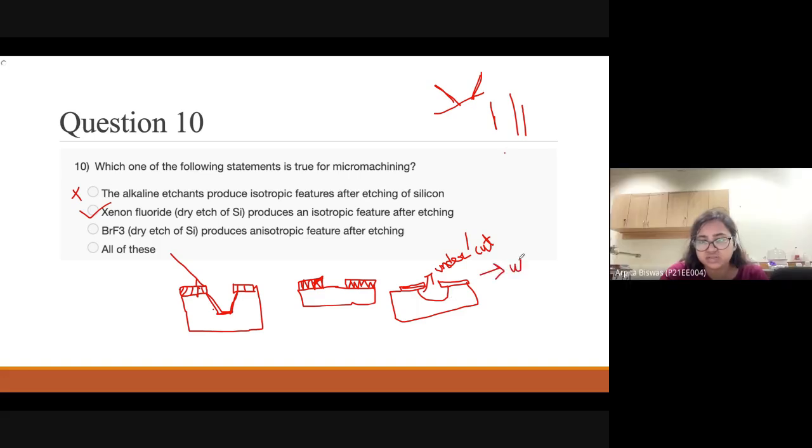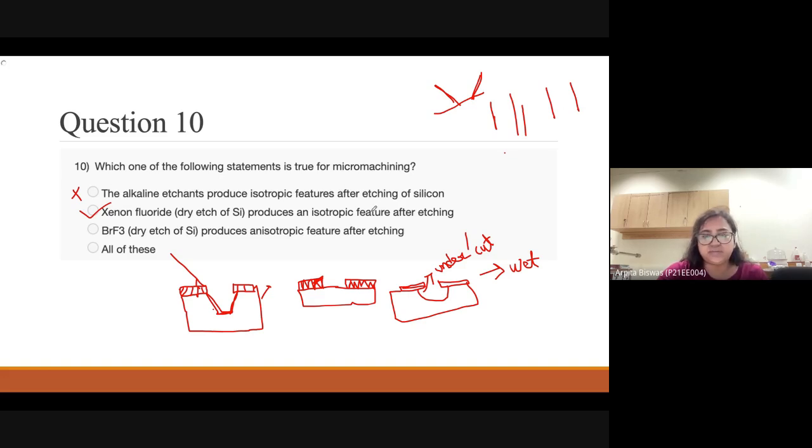This is the wet isotropic etching, and this is the anisotropic etching. BrF3 dry etch produces the anisotropic? No, the dry etch is isotropic, so it is like this in dry etch. But in wet etch, it is this, where there is an undercut present. So the right option is option B.